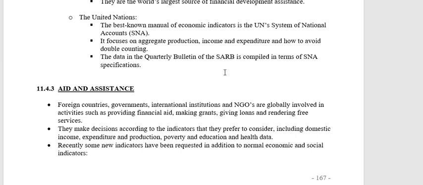So foreign governments, international institutions, NGOs, there are a lot of institutions that are involved in activities like providing financial aid, giving grants to different countries that are in need, lending money to countries that need it. Our government borrowed a lot of money now for the COVID thing. And rendering free services.